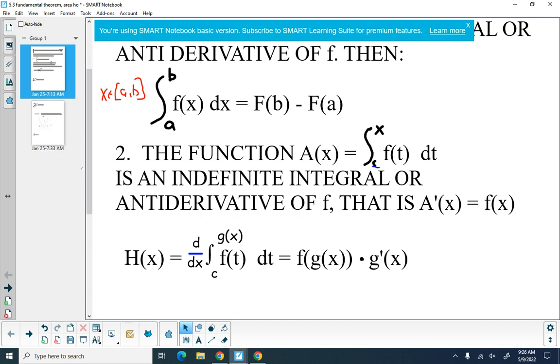So we're taking the derivative of the antiderivative, or the integral of a function, from some constant c to g of x, of some function f of t dt. So we're doing an operation to a function, and then undoing the operation of the function.